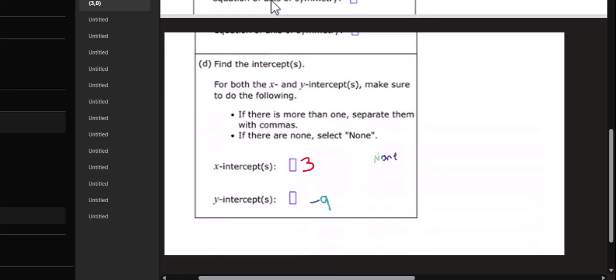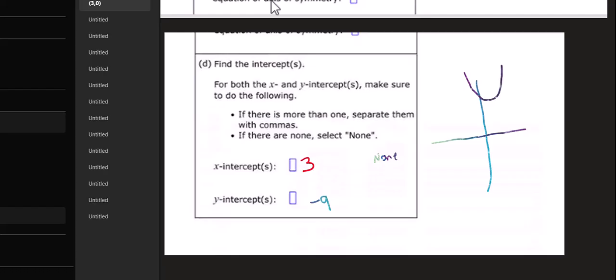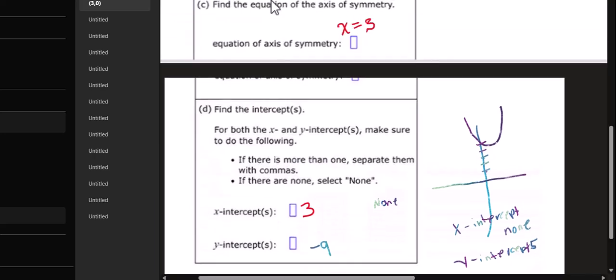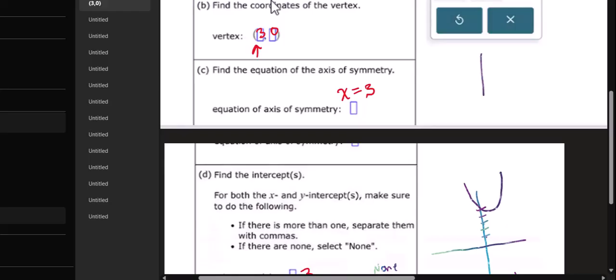So for example, one that would have none would look like this. So this would have x-intercept none, y-intercept 1, 2, 3, 4, 5. And you could conceivably have one that looks like this. Probably they wouldn't give you one without a y-intercept.